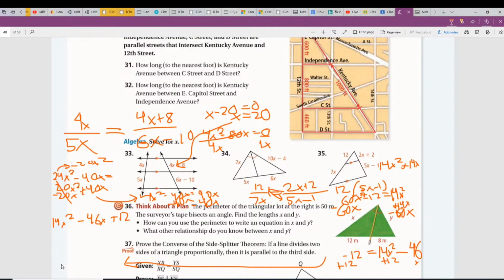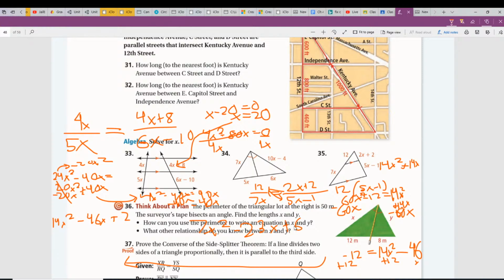So if you did watch my first animation video, you would know how to factor this out, and we would solve for 0. So let's start factoring. We want to do 12 times 14, but before we do that, we can actually make it 7x squared minus 23x plus 6, because we're dividing it by 2.